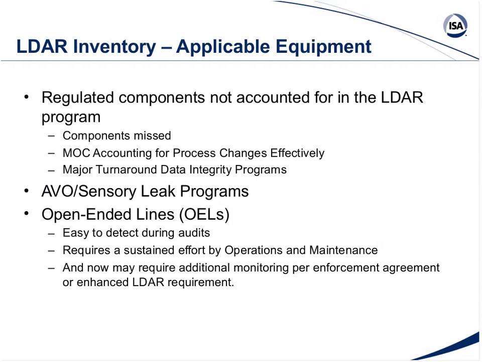Usually where our problems occur is in MOCs, when I have components that disappear, components that appear, and when they actually go into service. That is really part of the harder part of what we're having to deal with right now, is how do we track when a component goes into service. We have our sensory leak programs, and how do you track that? If your operator is going out and is doing his or her daily line checks and they actually see a potential leak, are they documenting it?